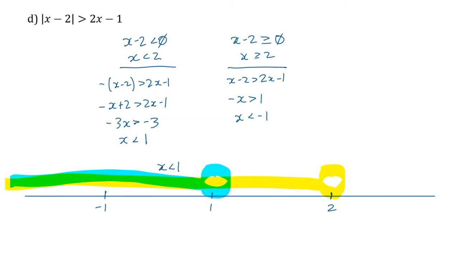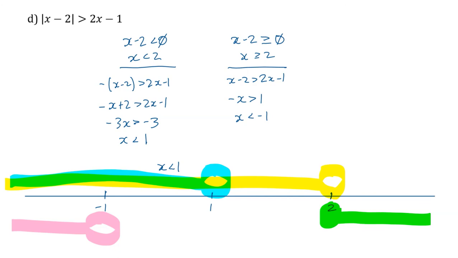Okay, next one. Greater than or equal to 2. X values less than -1. What happened there? Does that mean it's extraneous?